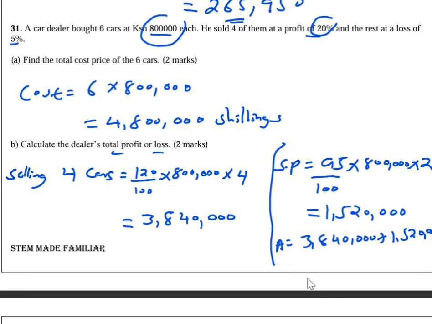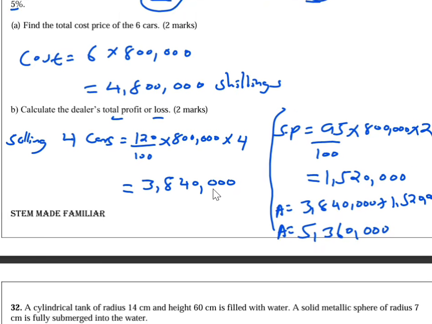So if you add, the answer is 5,360,000. So amount alipata from selling those 6 cars is 5,360,000. Sasa tunataka tujue kama alipata profit or loss. Remember, alikuwa amenunua pesa ngapi yote? 4,800,000.